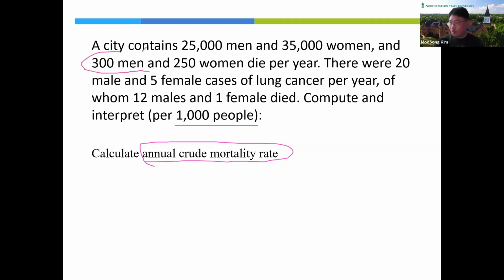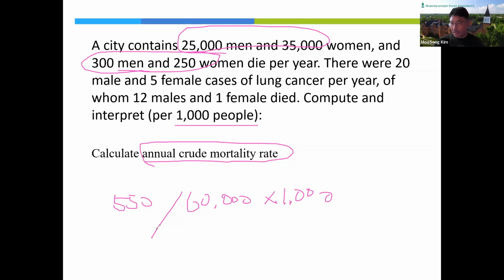So the total number of deaths is 550, over the total population of 60,000, times 1,000.